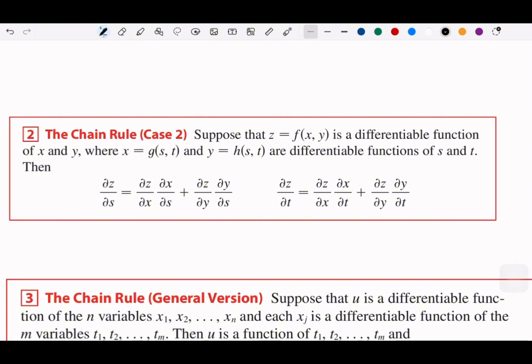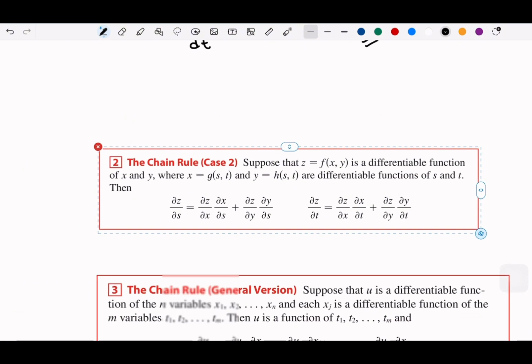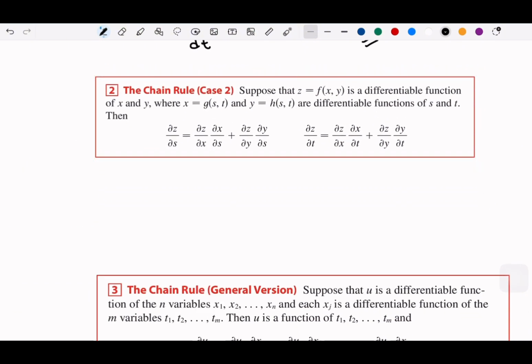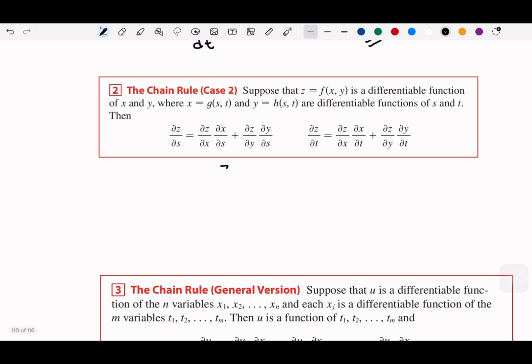So this means we can start from z. We can branch into x and y according to the functions that we built here, the definitions. And x and y, we can have a branch with s and t. So we can write another branch, and another branch.